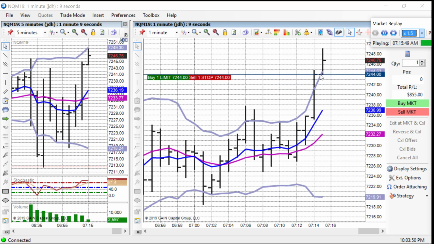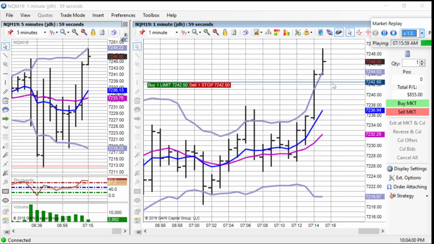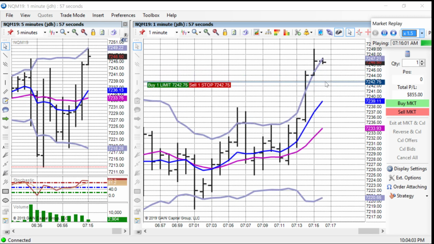So that's kind of one of my rules here. Can't buy at the Bollinger Band, so I want to see some movement down below that, but might not get it.